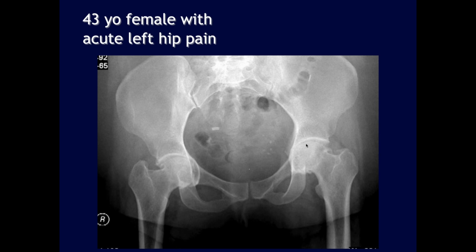Okay, Jennifer. Okay, this is a 43-year-old female with acute left hip pain. It looks like there's some severe left hip degenerative disease.